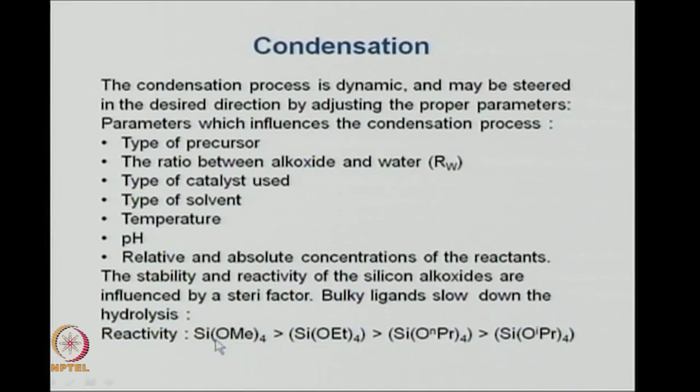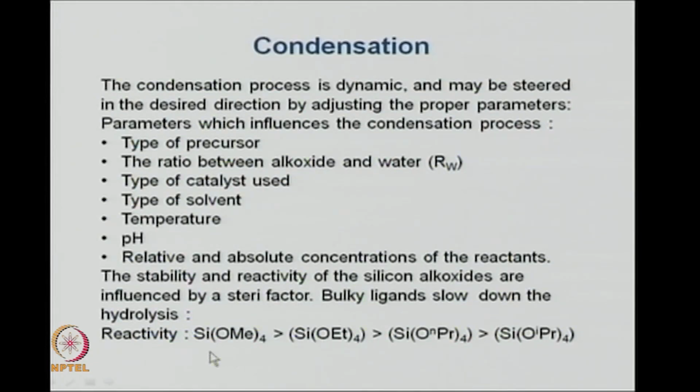So, if you have, for example, silicon with 4 methoxy groups, which are small groups, its reaction will be much faster compared to a bulky group like isopropoxy group, whose reaction will be much slower. So, this is how the reactivity decreases.